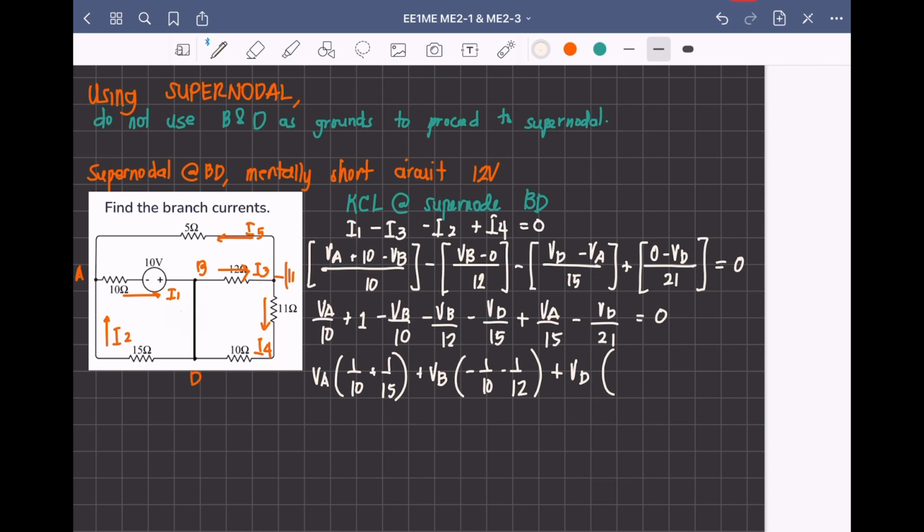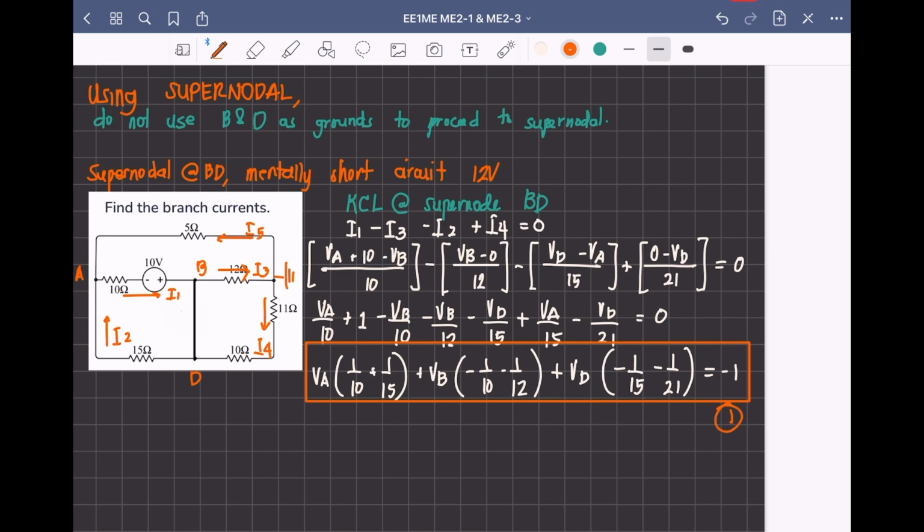You have negative 1 over 15, and then you also have negative 1 over 21. And then equate this to the constant at the right side because you have a constant here. So you move it at the right, it becomes negative 1. Okay, and then I'm going to box this so you know that this is our first equation. This is your equation number 1.